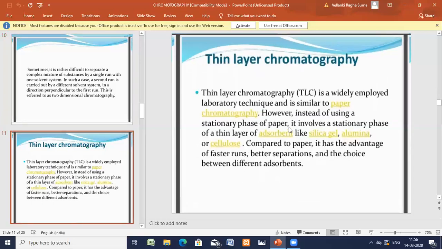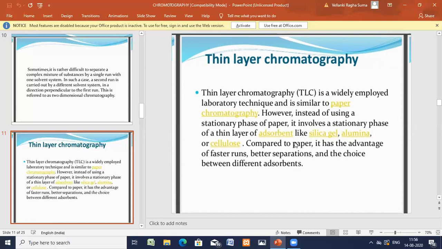Now, thin layer chromatography is a widely employed laboratory technique, and it is almost similar to paper chromatography. Instead of using paper as the stationary phase, it involves the use of a thin layer of adsorbent like silica gel. A column is used here.